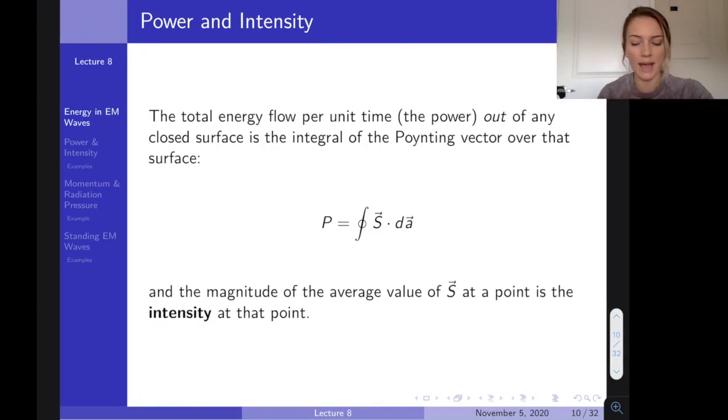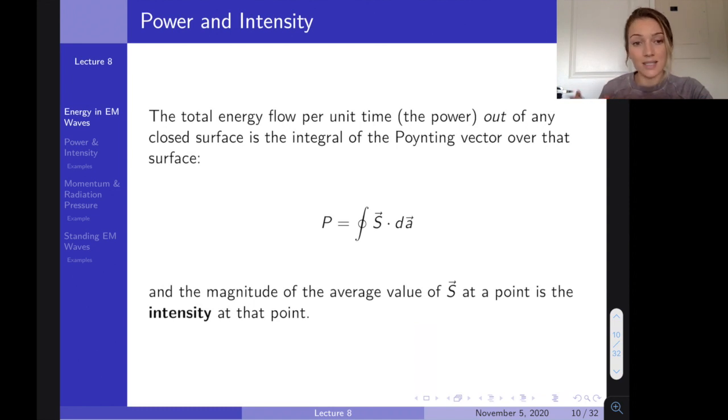Now remember, our power is the total energy flow over some surface. So if we take a closed surface integral of the Poynting vector over some closed surface, just like we did with Gauss's law where we always needed a closed surface, that will give us the total power being transmitted by the electromagnetic wave.